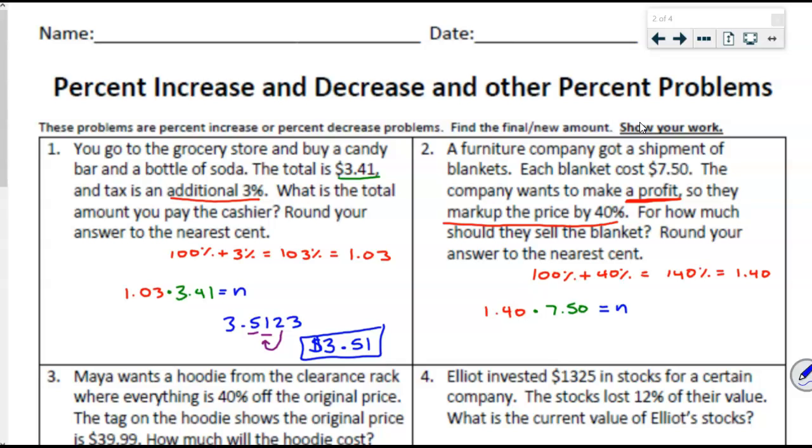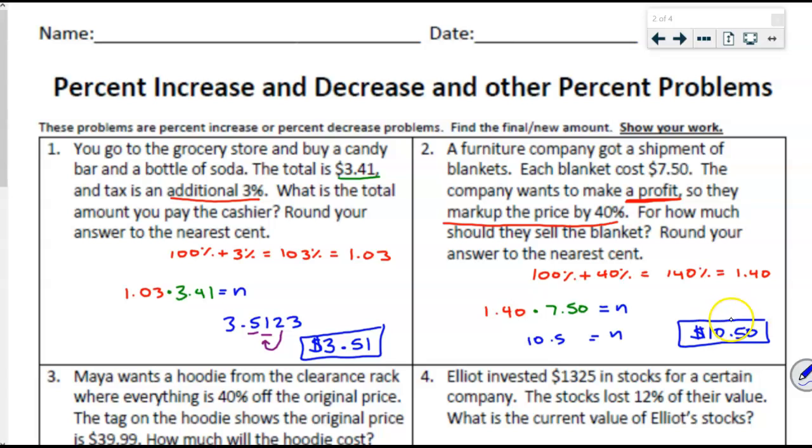Even though it's not asking me to write the equation, I'm in the habit of writing that equation, using a variable for what I don't know. It's already solved, so I just need to calculate. And it tells me that this new price, N, is equal to 10.5, or in other words, the company needs to sell the blankets for $10.50 in order to make the profit.